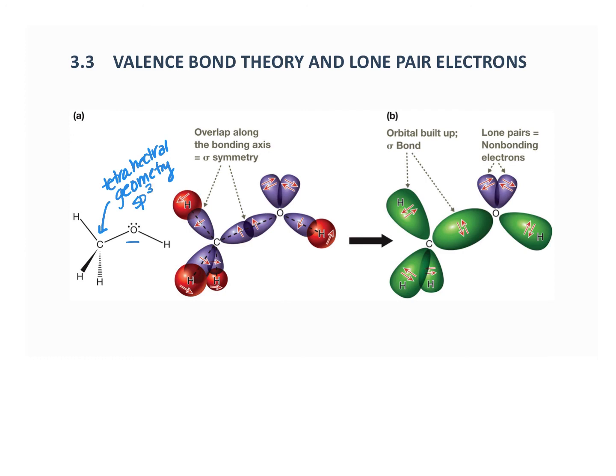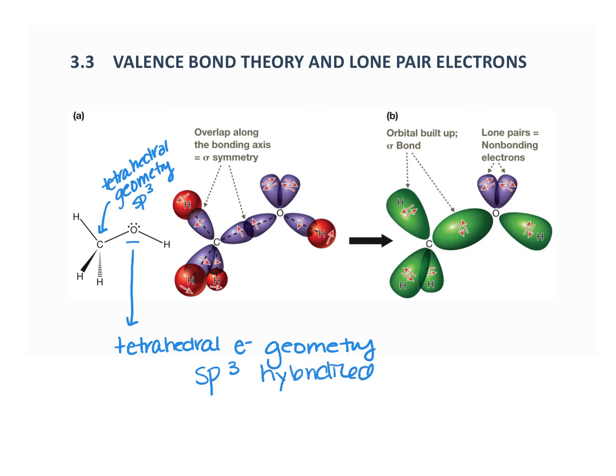Oxygen has 4 electron groups, we've got 2 single bonds and 2 lone pairs. When we talk about this from our electron geometry, it also has a tetrahedral electron geometry. When things have tetrahedral electron geometries, they are also sp3 hybridized. So by knowing your geometries, this can help you recognize quickly what the hybridization is of each atom.